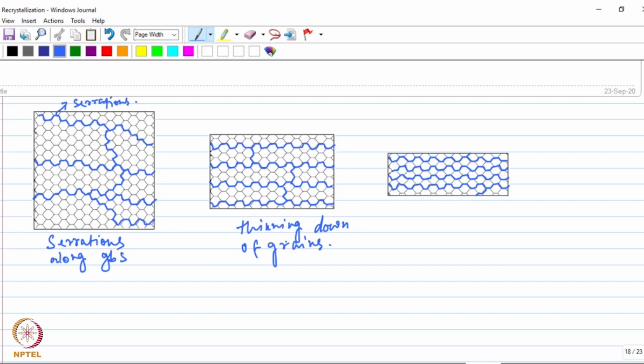So eventually the size of the serrations will be comparable to the grain thickness as it is deformed more and more. So that's what you can see over here.